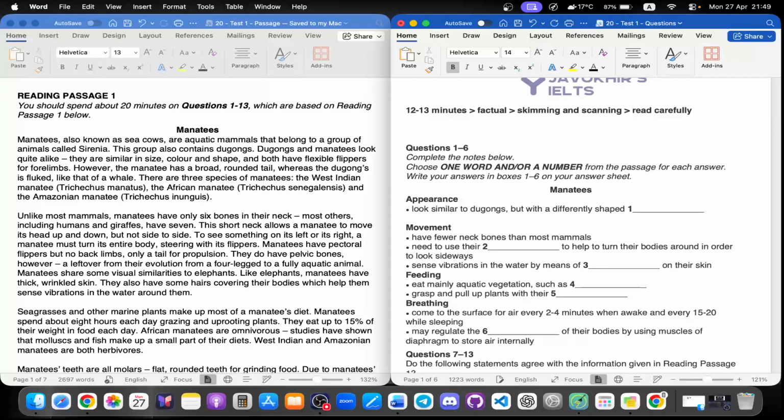Before that, you also need to know what you are going to read about. So here is the step-by-step guideline. First, you have to read the title.